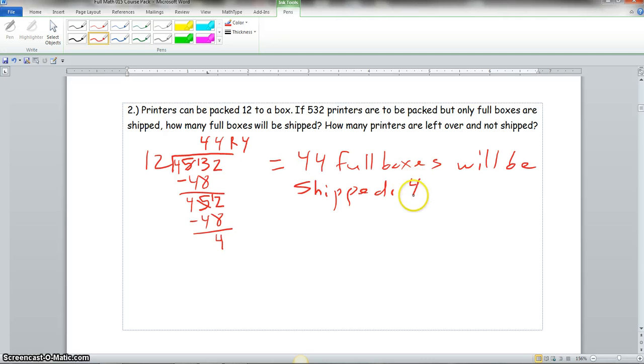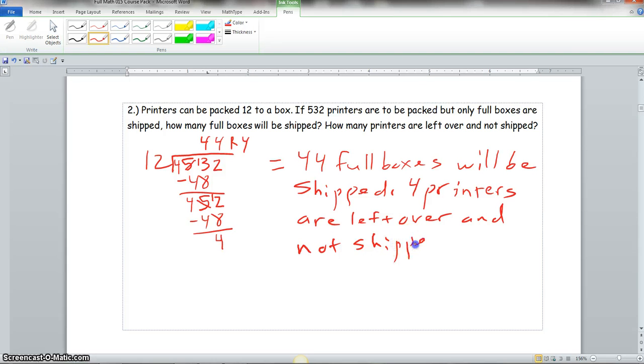We could say 4 printers are left over and not shipped. And that is it.